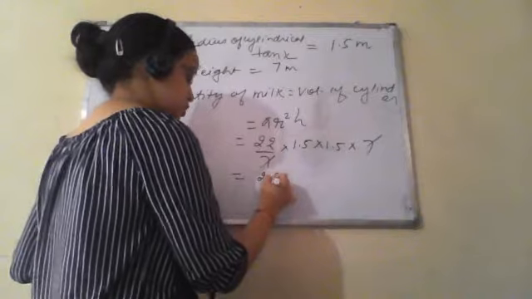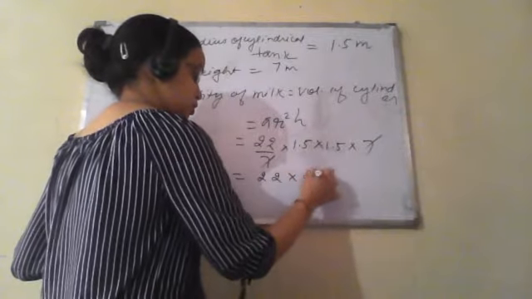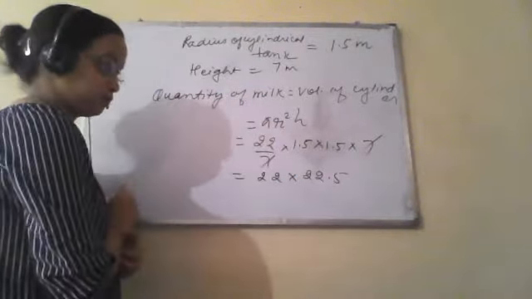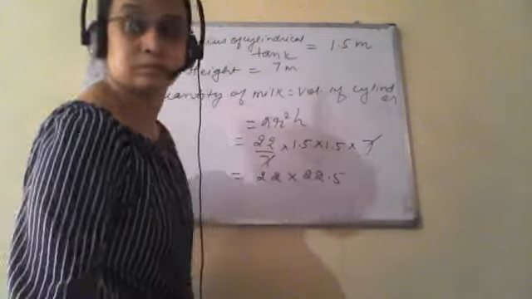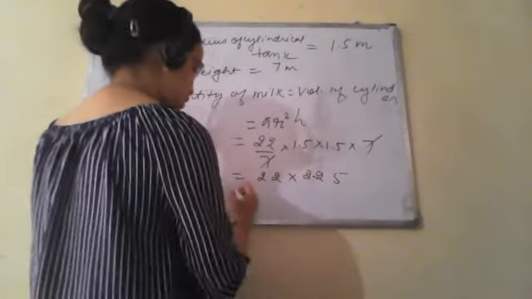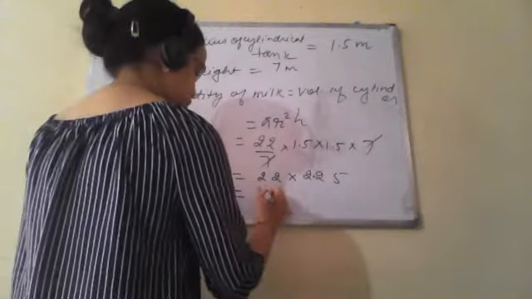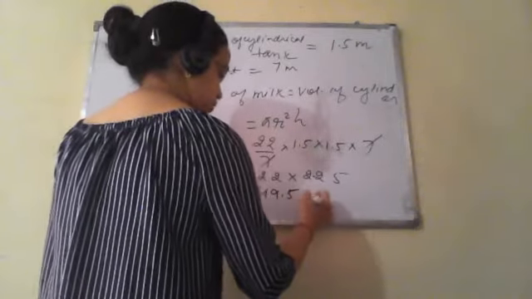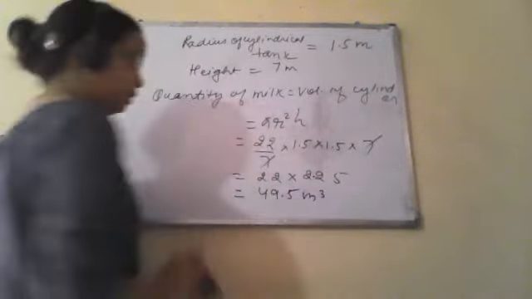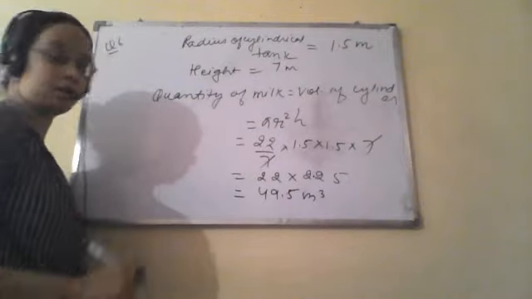This will be 22 into, clear. So we can calculate. Now it will be 49.5 meter cube. But we have to calculate its capacity in liter. Okay, we have to calculate its quantity in liter.